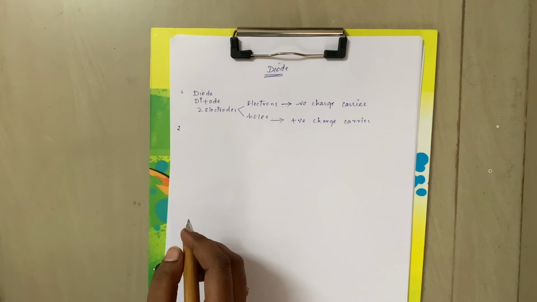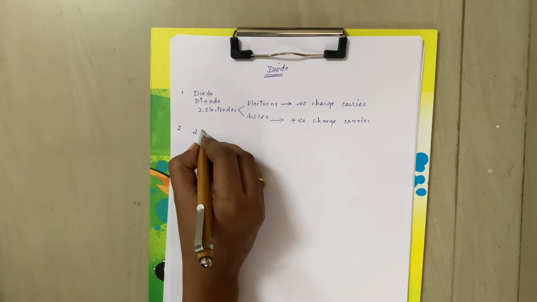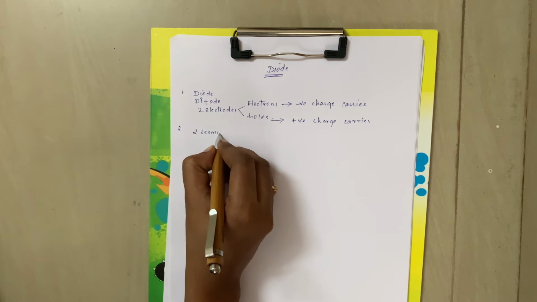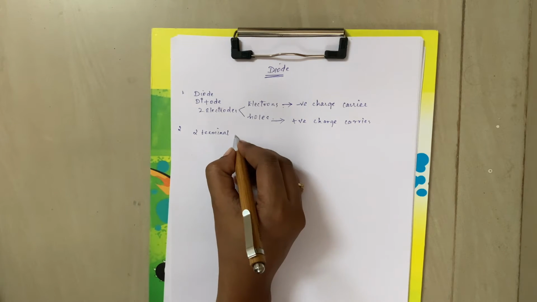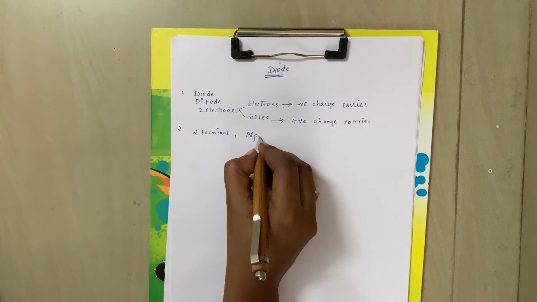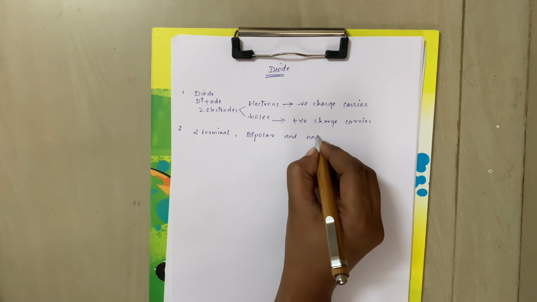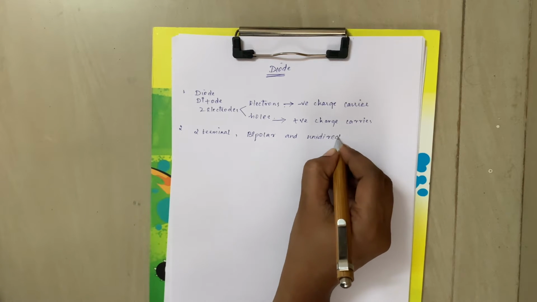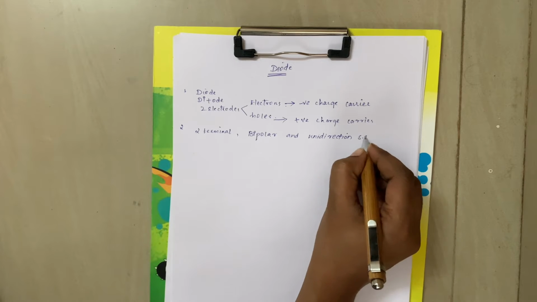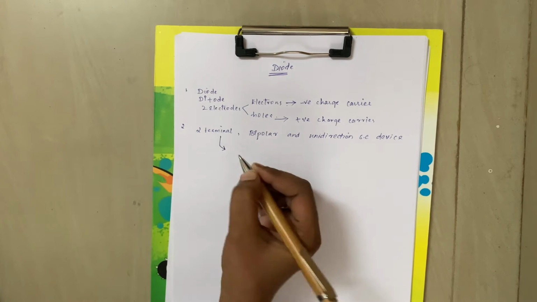So if you check the definition, a diode is a two-terminal, bipolar and unidirectional semiconductor device. So what is this two-terminal?